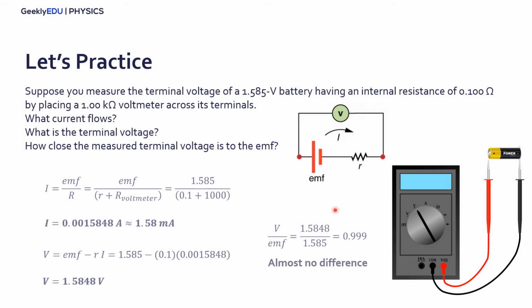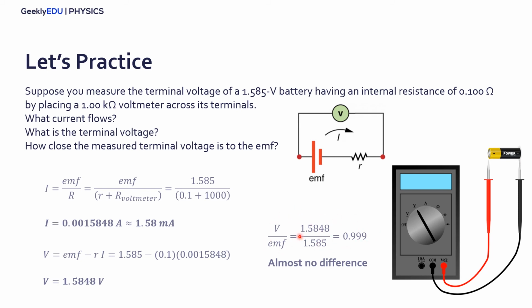There's almost no difference. One is 1.5848 volts, that's the measured value in our voltmeter, and the voltage of the battery is actually 1.585. So see, that's almost no difference.